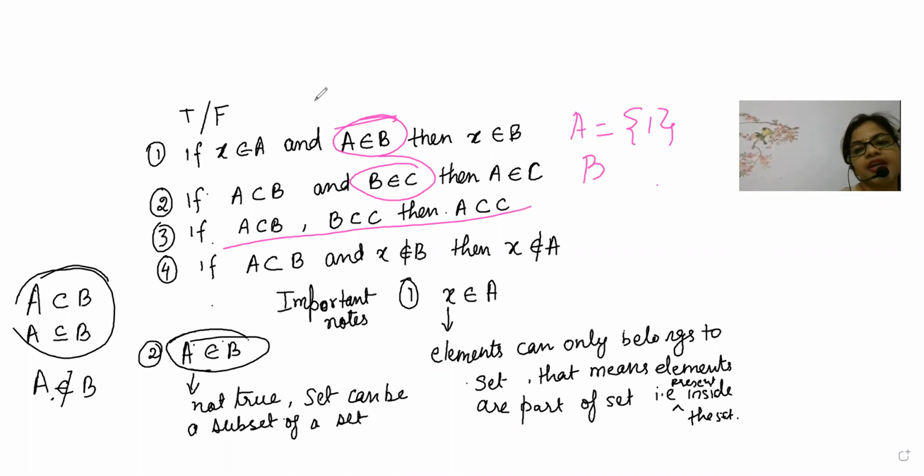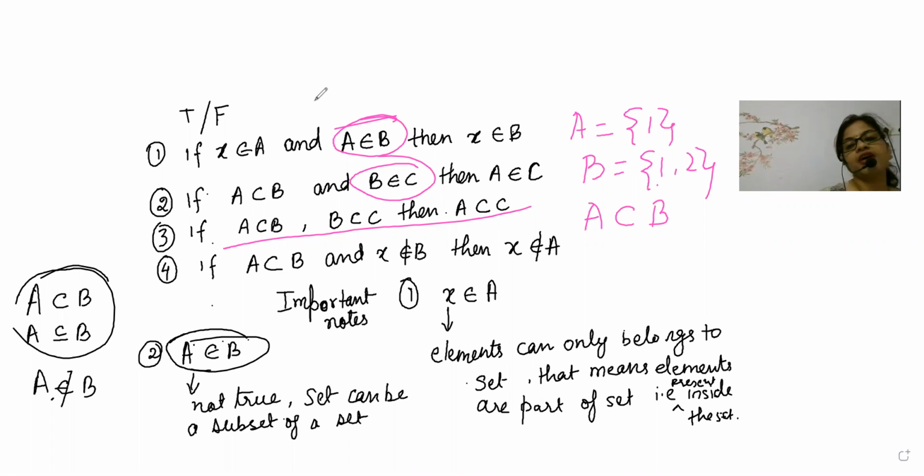Now B is containing 1, 2. So here the number of elements in A is not equal to the number of elements in B. So here, beta, we can say A is only a proper subset of B.